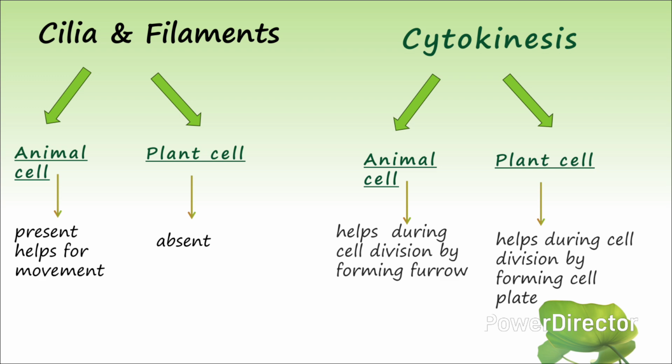Cytokinesis, the division of cytoplasm during cell division, occurs in animal cells when a cleavage furrow forms that pinches the cell membrane into two. In plant cell cytokinesis, a cell plate is constructed that divides the cell.